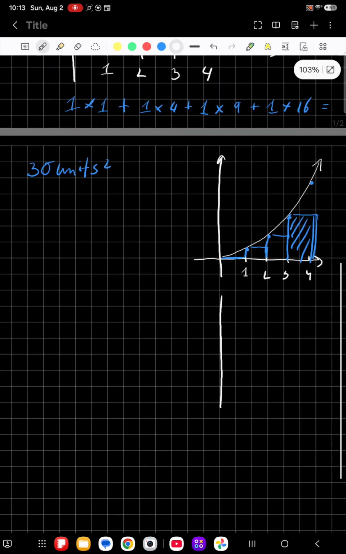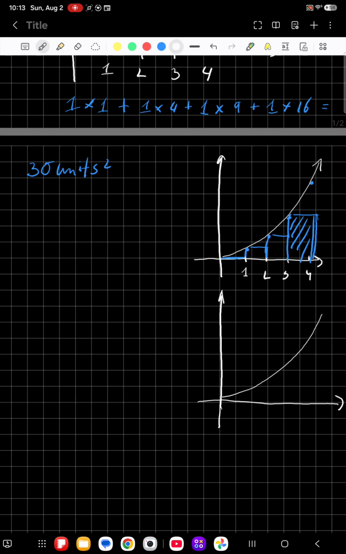And then, the last thing, if we follow the same idea, we could maybe pick the midpoints. Okay, what do I mean by those midpoints? So again, we have the curve. So 1, 2, 3, and 4.